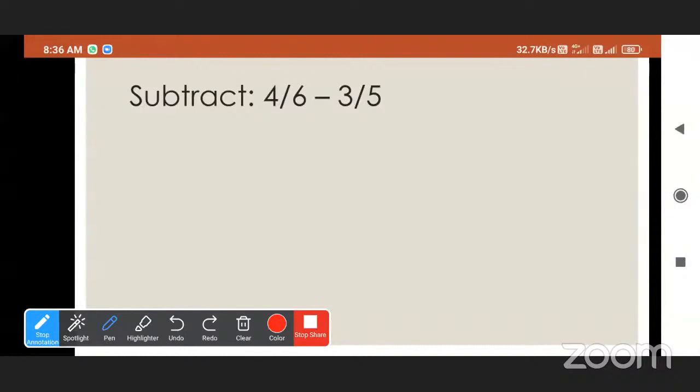Can you subtract it? 4 upon 6 minus 3 upon 5. First, we make them the same denominator. Yes, very good.